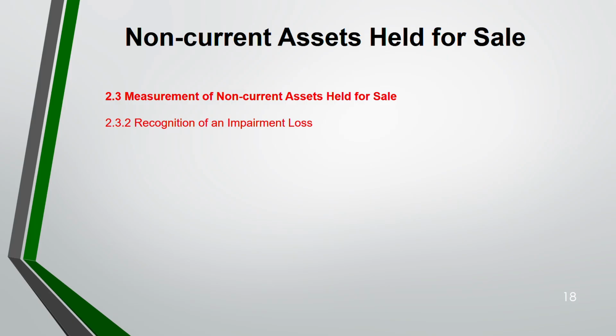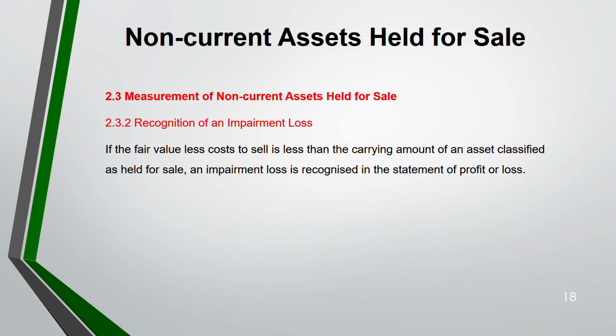Now, recognition of an impairment loss. If your fair value less cost to sell is less than the carrying amount, then it is said that the asset that has been classified as held for sale has been impaired. There is an impairment loss that arises, and that impairment loss will go to your statement of profit or loss. The presentation of this loss depends on the related asset.